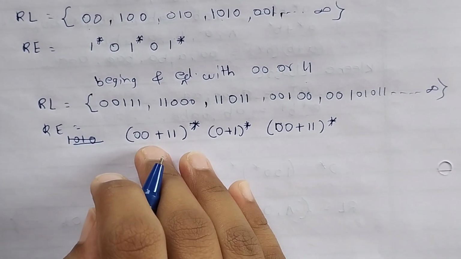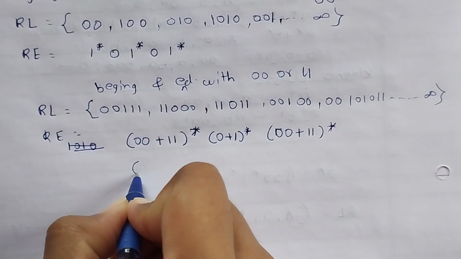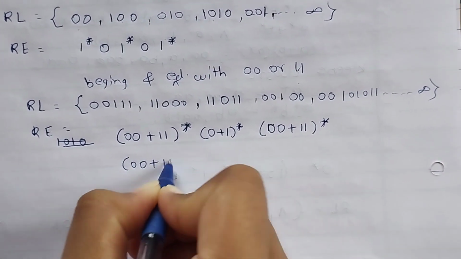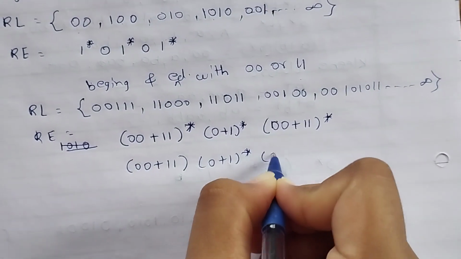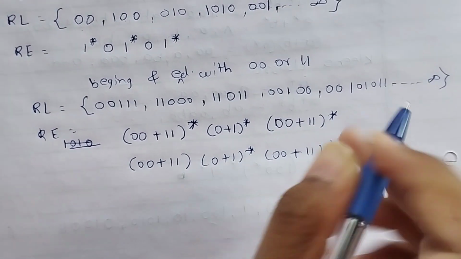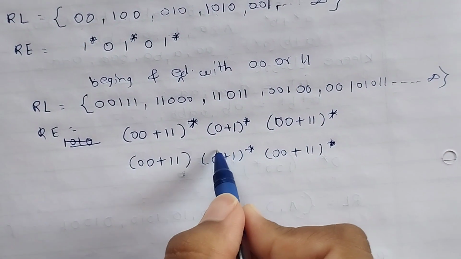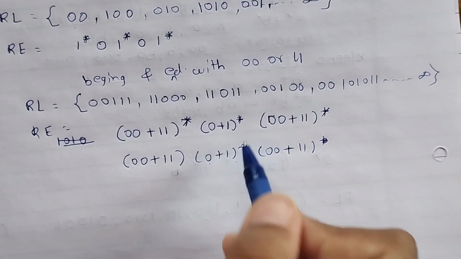So I hope you get the idea. You can also simply write 00+11 (0+1)* 00+11. No need to write star on the outer parts because they are covered, meaning any combination of 0 and 1 you can put.